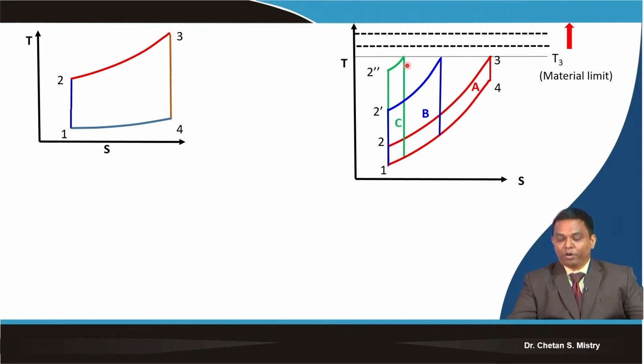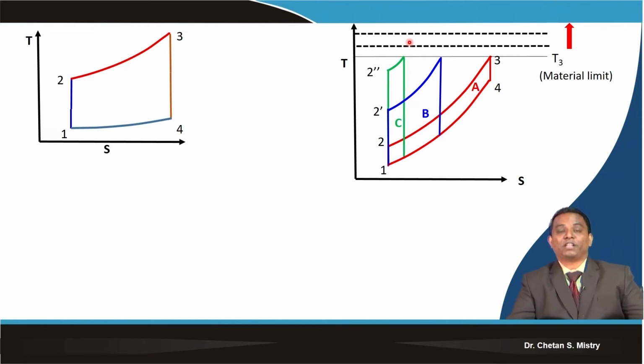Over time, people have been looking for increasing the efficiency of the gas turbine cycle, and this is possible by increasing the turbine entry temperature. This turbine entry temperature has a big limitation for our application, because metallurgical constraints come into the picture.